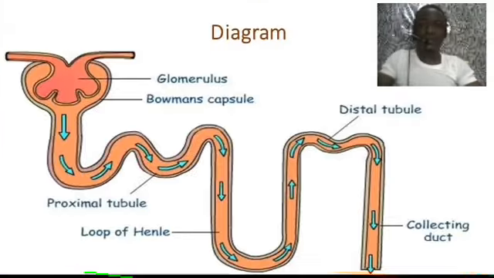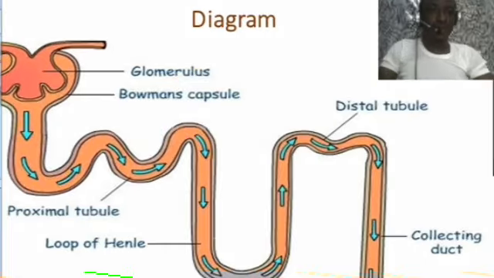Going forward, this is a clearer diagram of a human nephron. It looks like a snake or a tapeworm. If you have ever seen a snake or a tapeworm before, that is exactly how the human nephron looks. You can see the glomerulus and the Bowman's capsule forming the renal corpuscle.